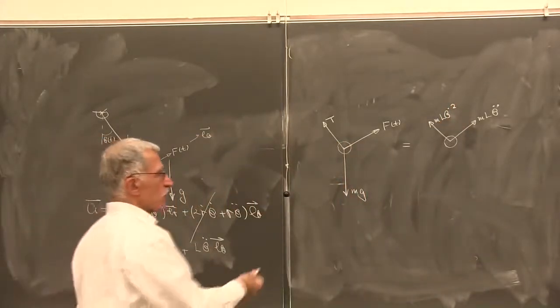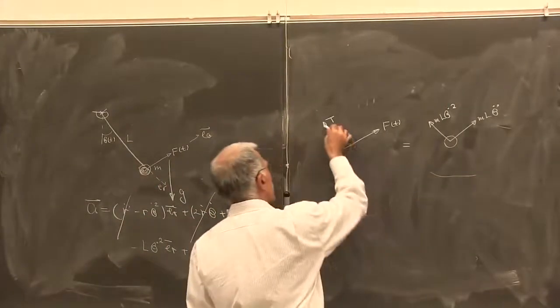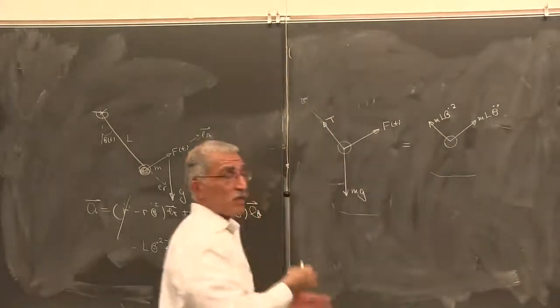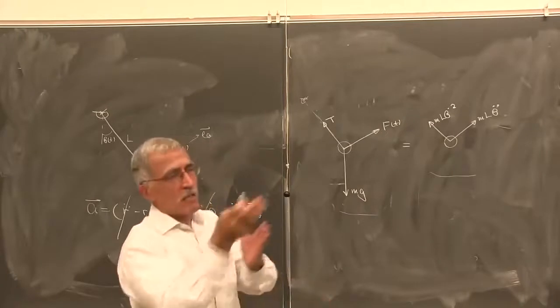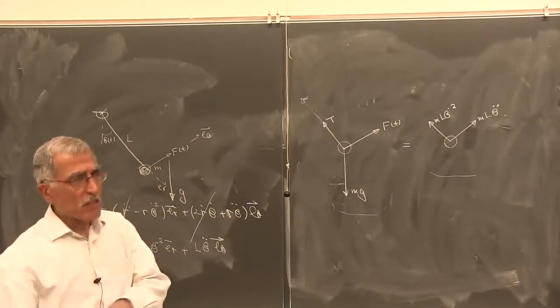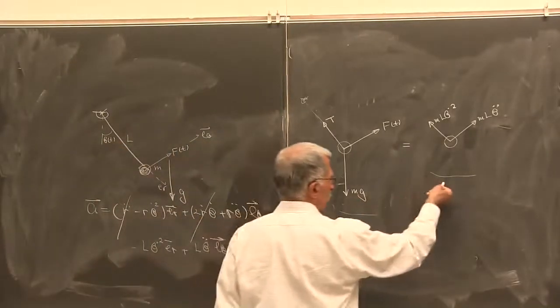So whatever you do to this picture, you do to this picture. You can write the summation of forces in x direction for this picture must equal the summation for this picture, likewise in y direction, and likewise for moments.